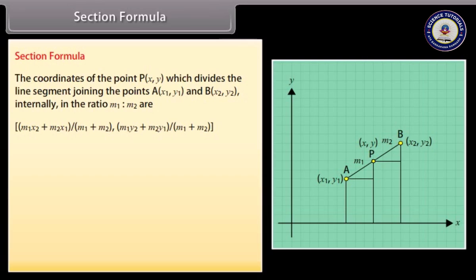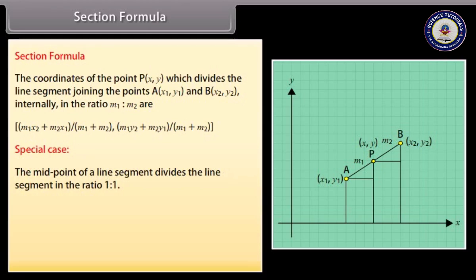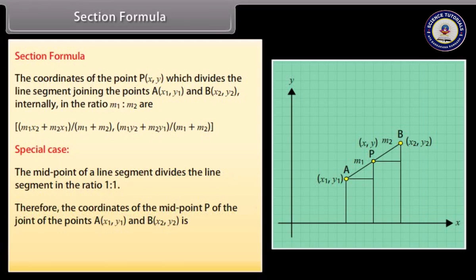Graphical representation is shown in the figure given below. Special case. The midpoint of a line segment divides the line segment in the ratio 1:1. Therefore, the coordinates of the midpoint P of the joint of points A x1, y1 and B x2, y2 is x1 plus x2 by 2, y1 plus y2 by 2.